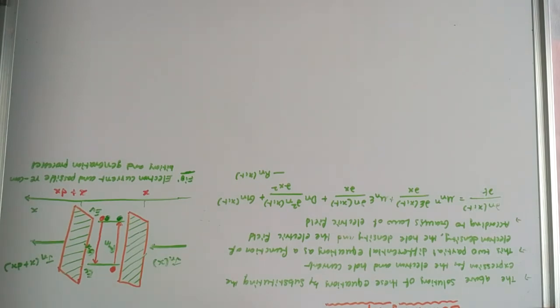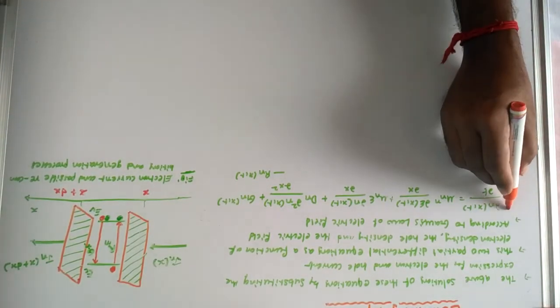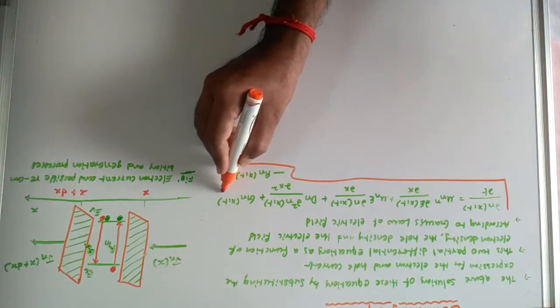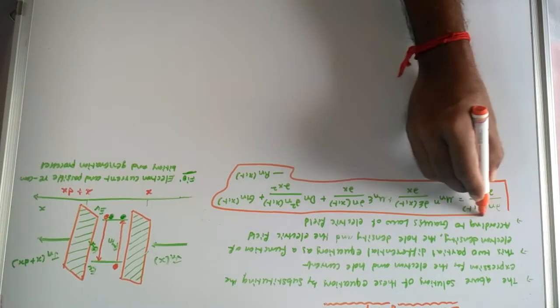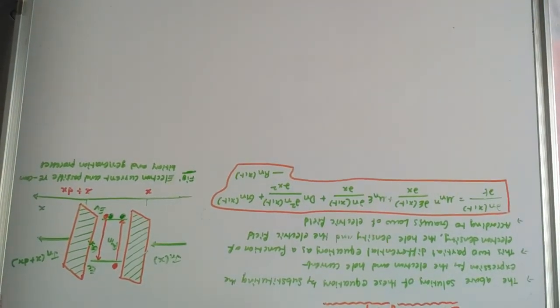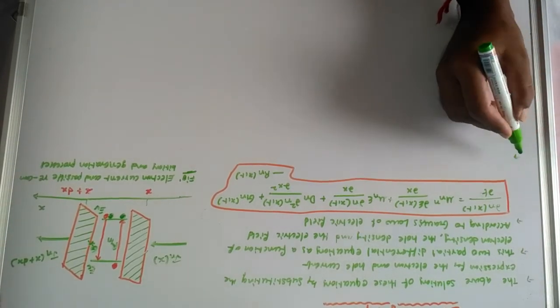According to Gauss law, this is the electron current density equation.